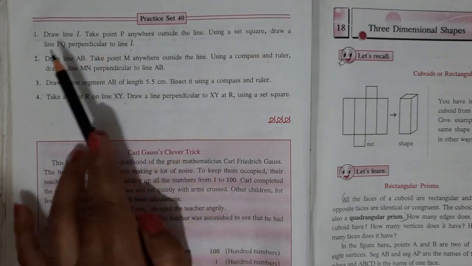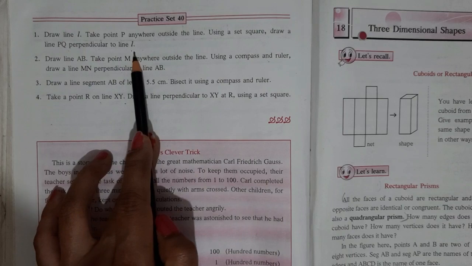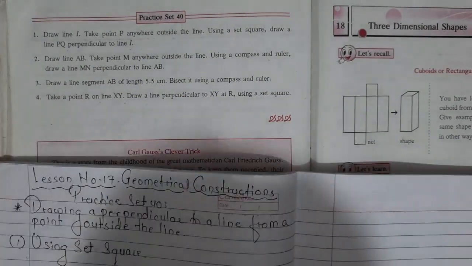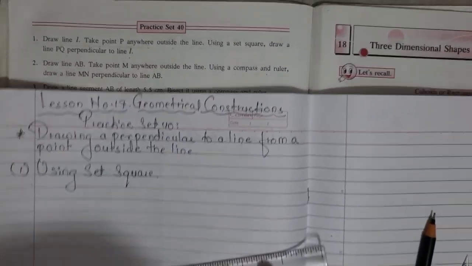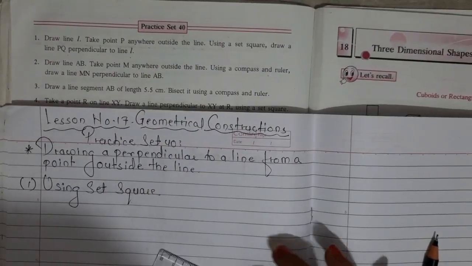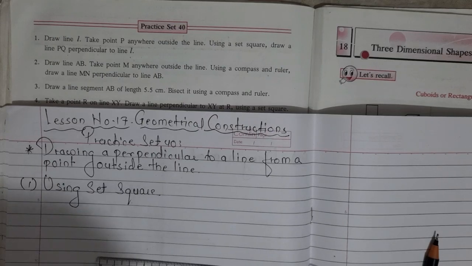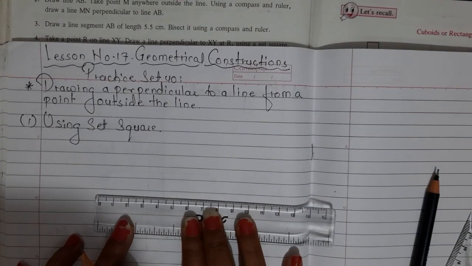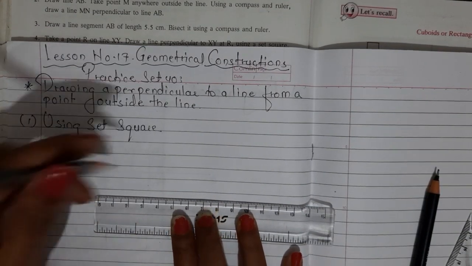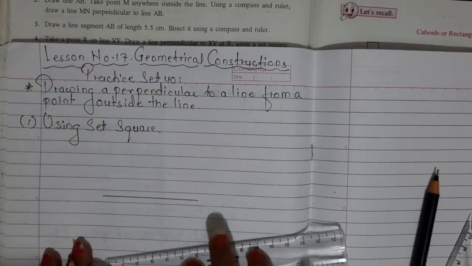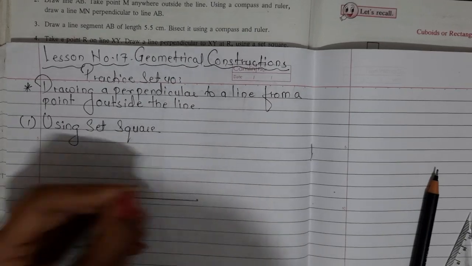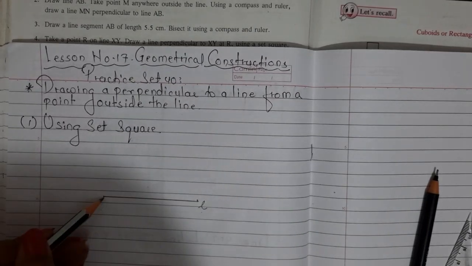Using a set square, draw a line PQ perpendicular to line L. First, with the help of scale and pencil, you have to draw a line and name it as line L. I have drawn line L.